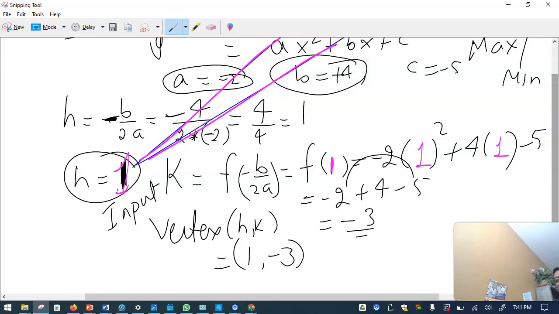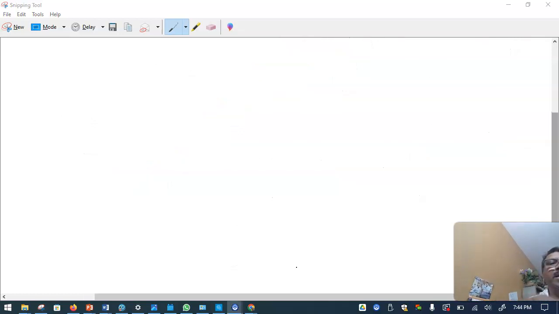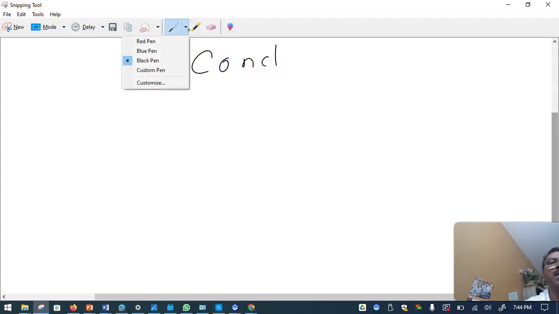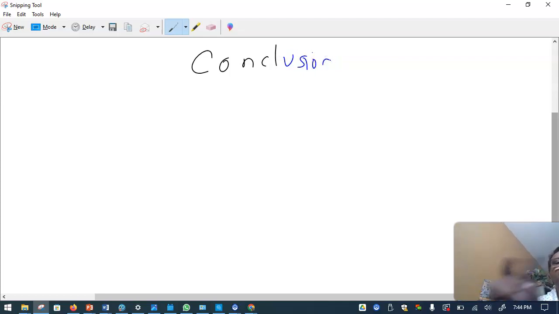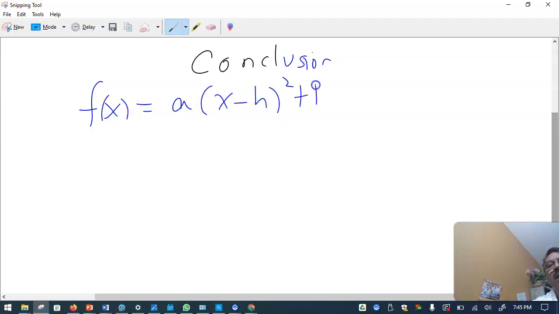So that's how I wanted to show this. So the conclusion is, what did we learn from here? If the function is in the vertex form plus k, then the standard form is ax squared plus bx plus c.